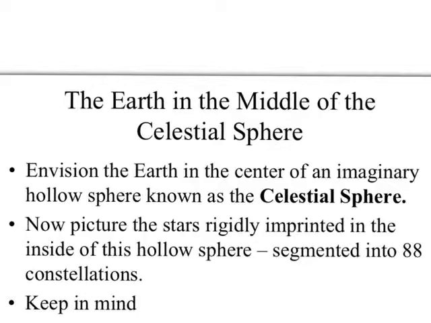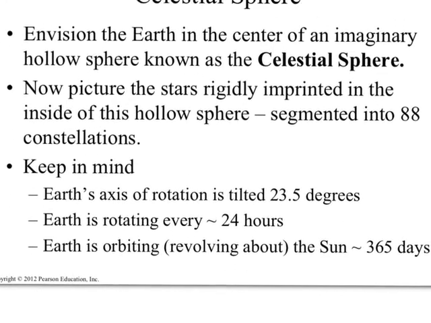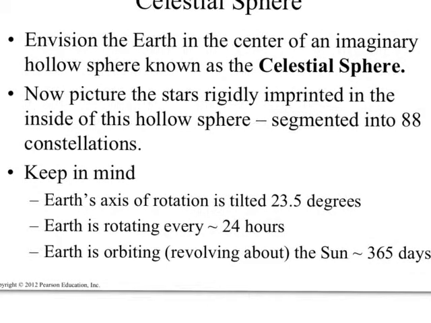So keep in mind that the Earth's axis of rotation is tilted, and you're going to see that impact on the celestial sphere in a minute. And it spins once every 24 hours. And remember that the Earth is orbiting, or revolving about, the sun.